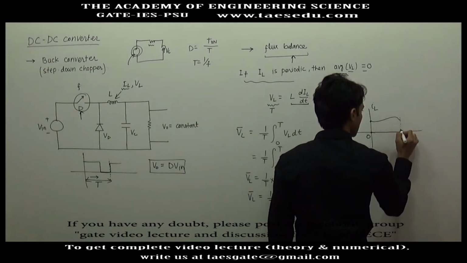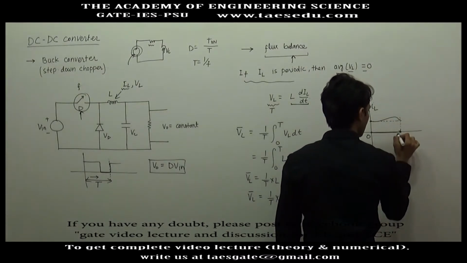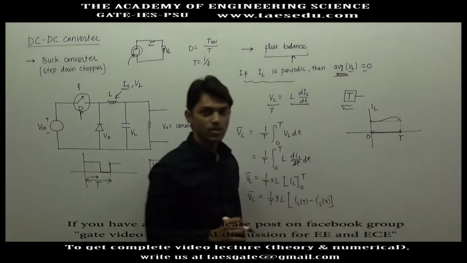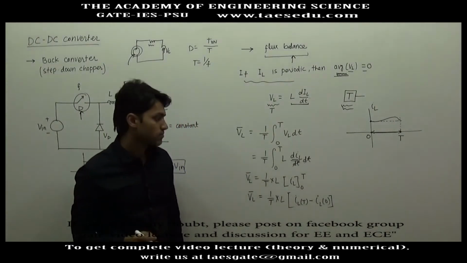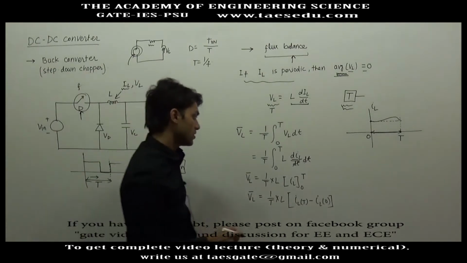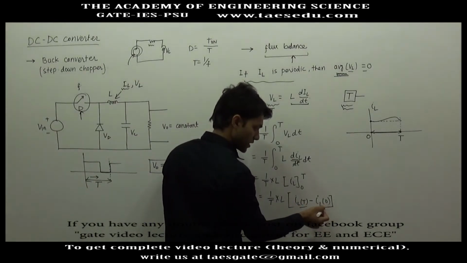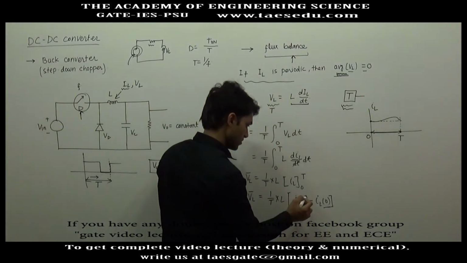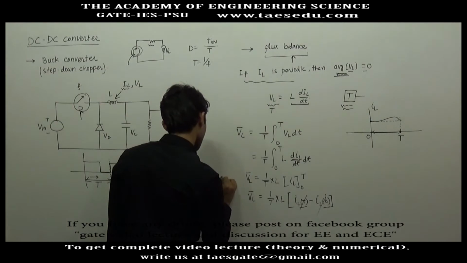Let's say this is inductor current, so if it is periodic with T, after T duration it has to repeat each of its values. So the value of inductor current at T and the value of inductor current at 0 will be the same. Okay. You will get average inductor voltage as 0.